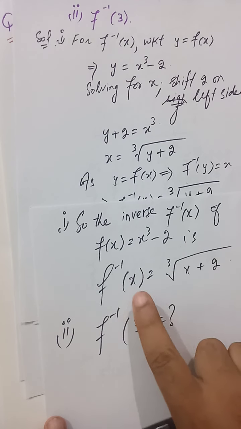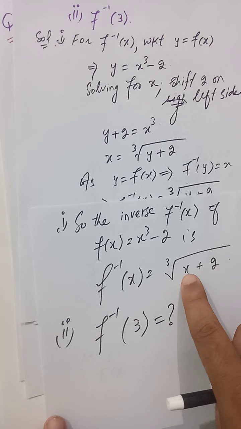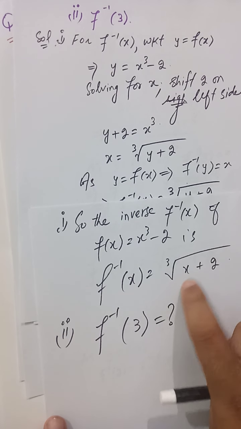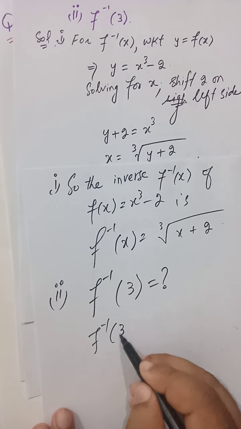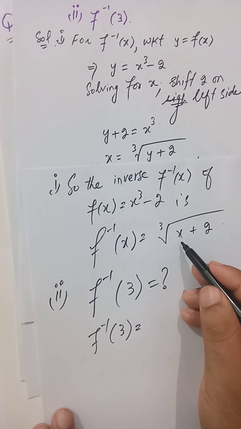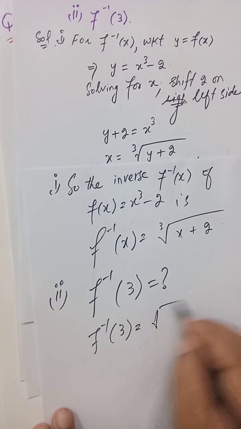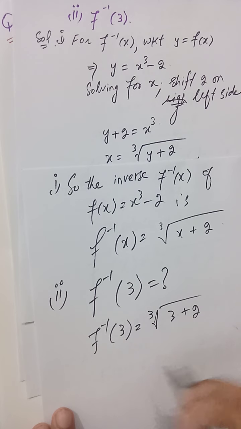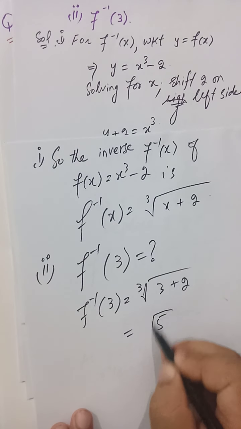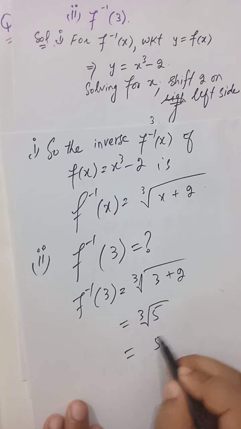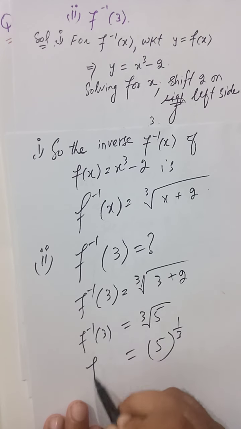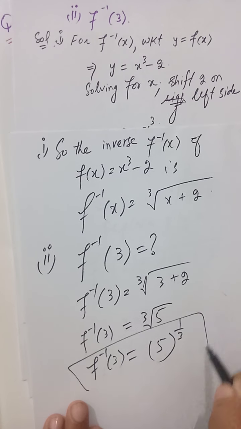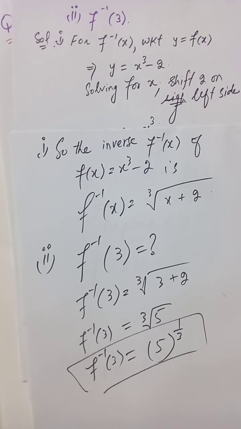So just replace this argument by 3 in this cube root expression. So f inverse of 3, just replace this by 3. So cube root of 3 plus 2, so this is equal to 5 cube root, or you can write 5 power 1 by 3. So this is the required value of f inverse of 3. So this is question number 6.